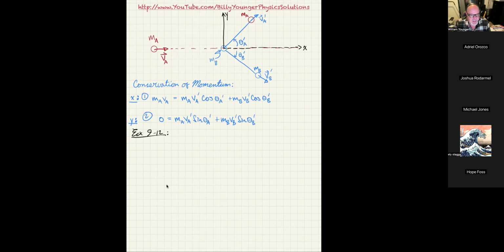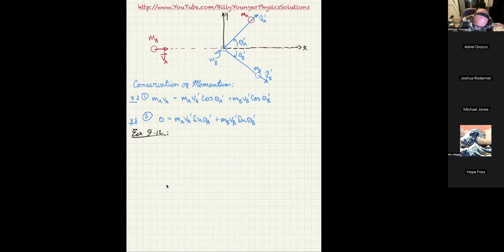That is, theta A prime is equal to 45 degrees and theta B prime is equal to negative 45 degrees. Remember from trigonometry that when we measure counterclockwise from the positive x-axis, that is a positive angle, and if we measure clockwise from the positive x-axis, that's a negative angle. So that's why they're saying what they're saying. And what they're asking for is the speeds of the two balls after the collision.